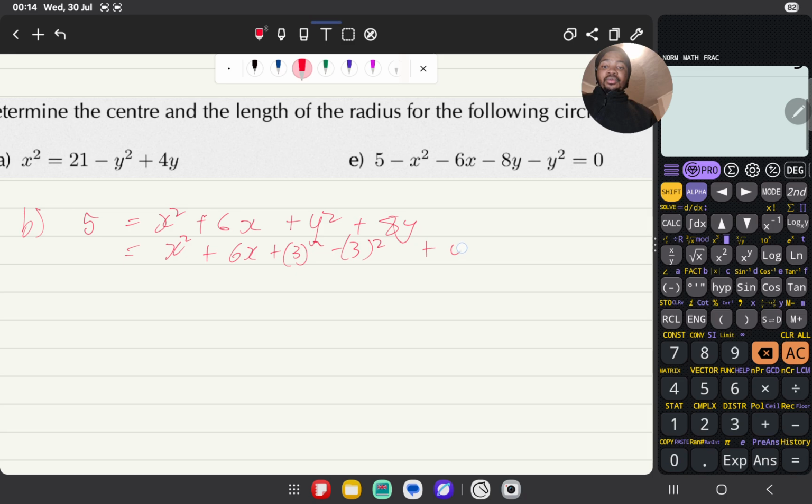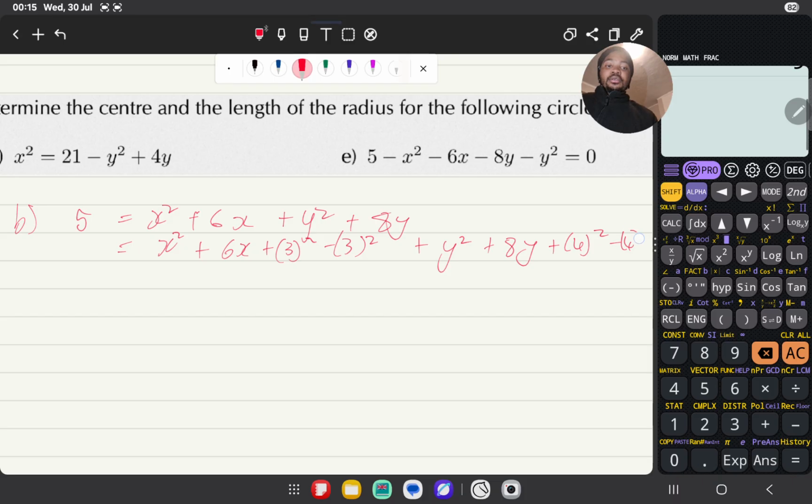Right, let's focus on plus 8y. Divide 8 by 2, you get 4, so you have plus 4 squared minus 4 squared. And you group the first 3 terms.